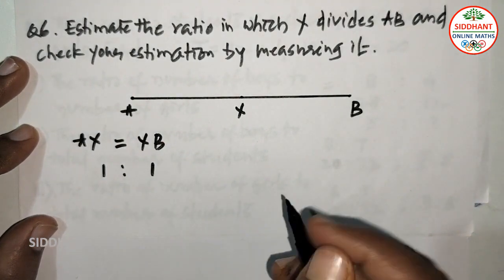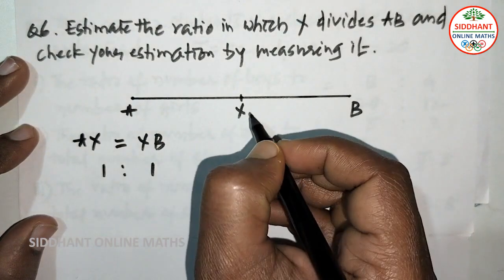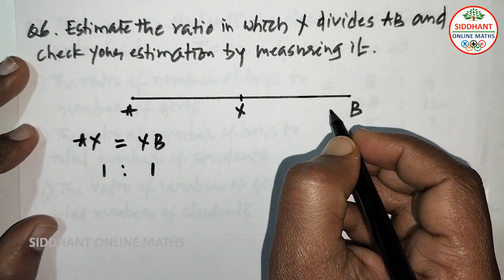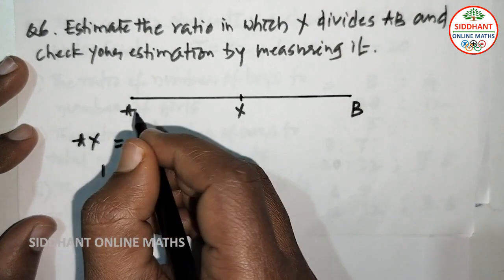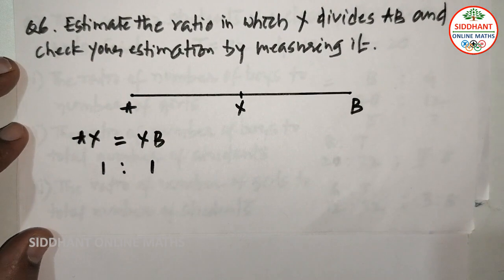For a rough estimate, take a scale and measure the length of AB, and AX and XB also.